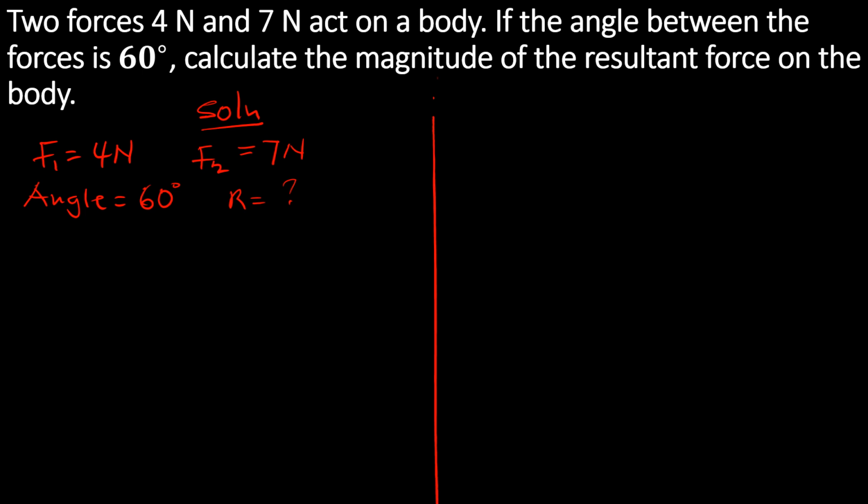So let's draw it and see. So we have one force here and the other force here. So let's name the origin O. So the first force, F1, 4 Newton, and F2 to be 7 Newton.